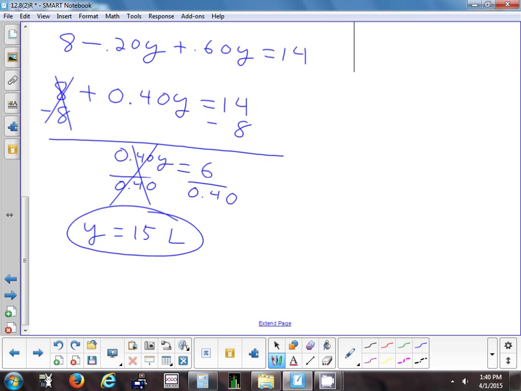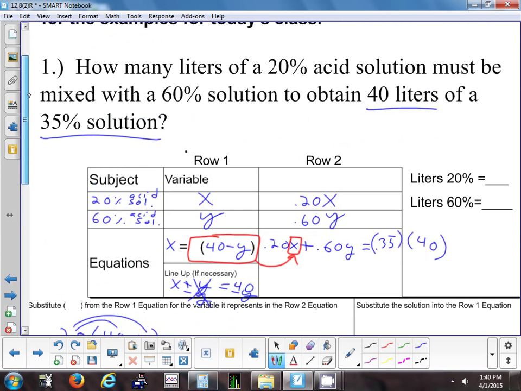Okay? So now we know how much of which solution was y? Y is 60%.